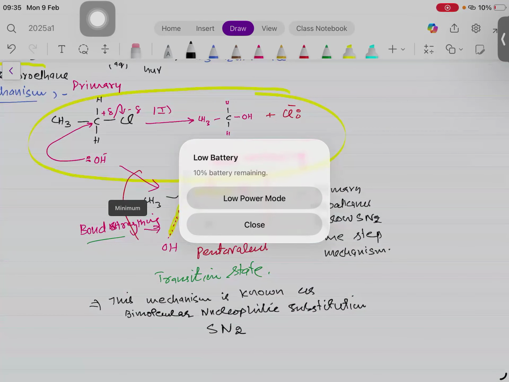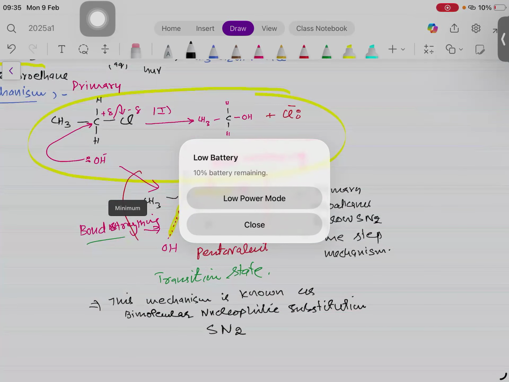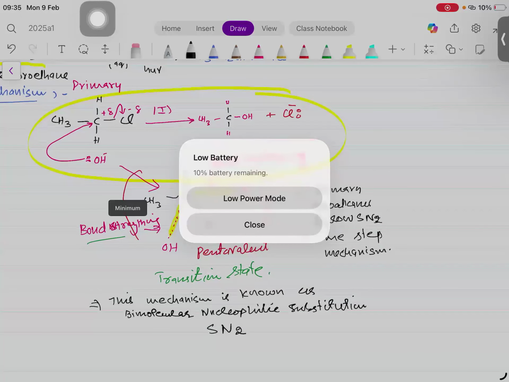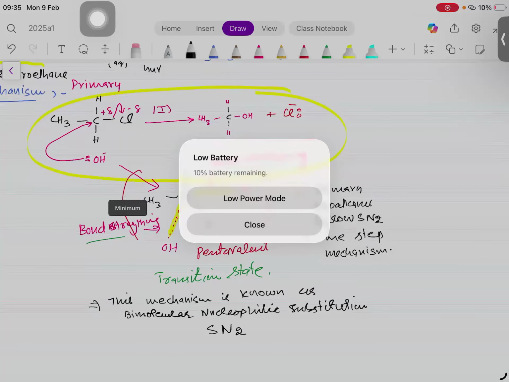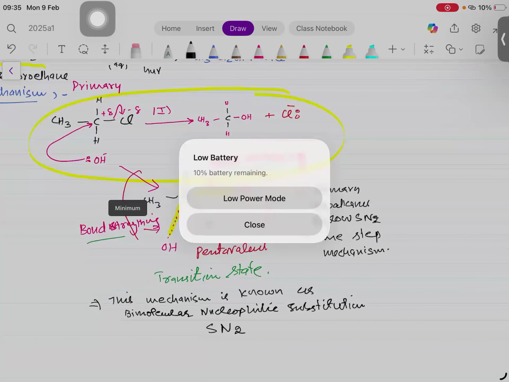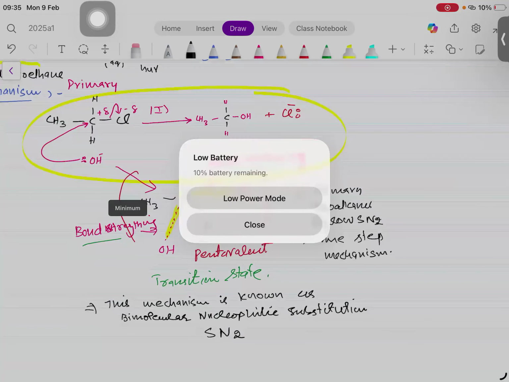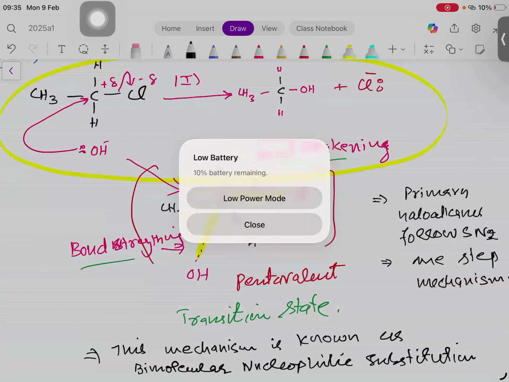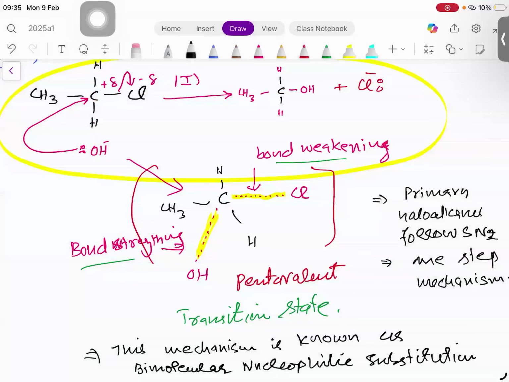Therefore, in the SN2 mechanism, both the OH negative concentration and the haloalkane concentration matter, because OH is the one that comes and pushes the Cl out. I hope you got my point. That's why you call it SN2: both molecules are involved in the rate of reaction. In SN1, only the haloalkane determines the rate of the reaction.